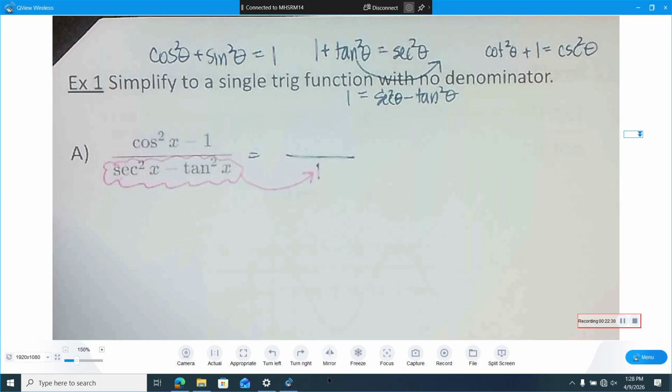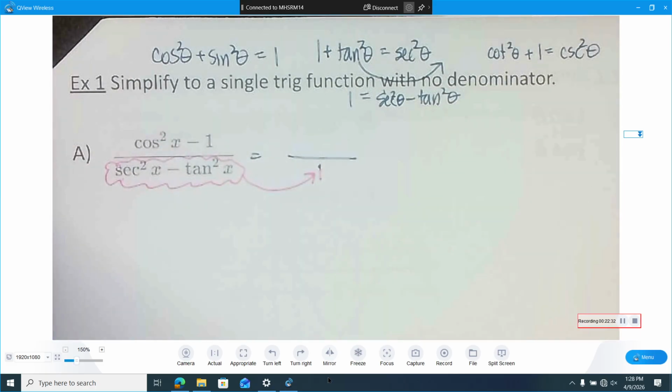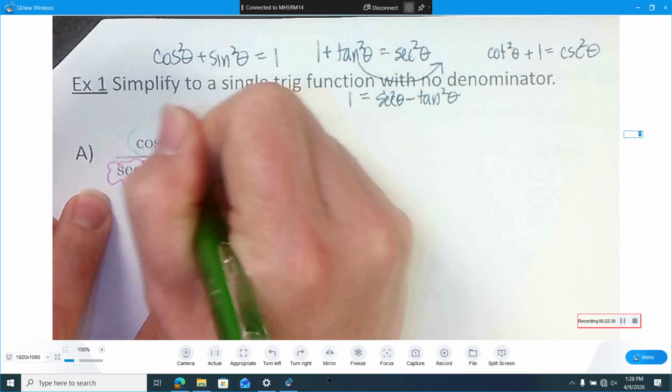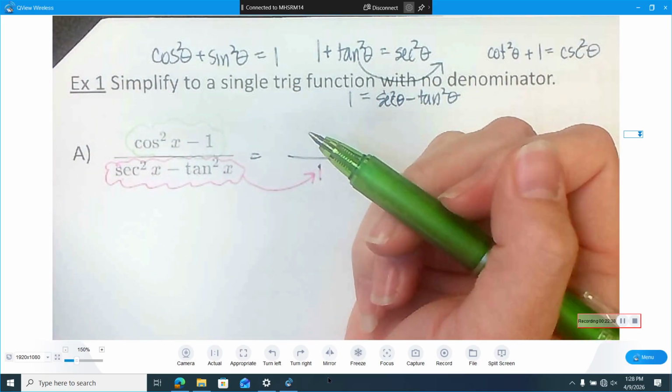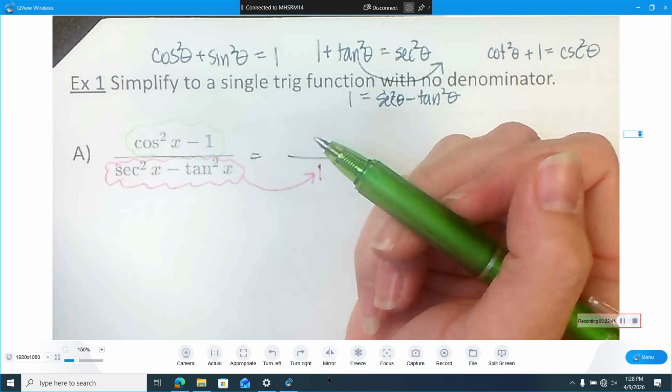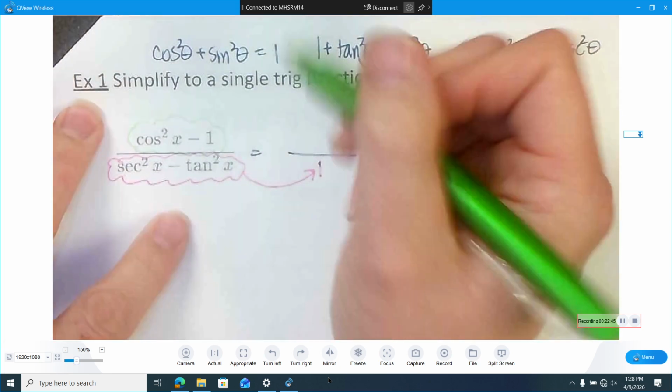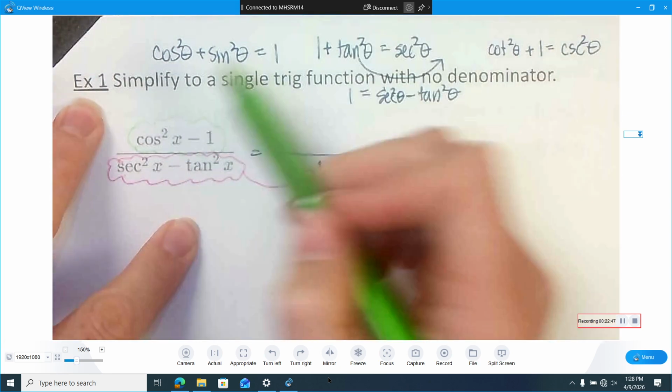Now, what about cosine squared? Cosine squared minus, is it sine squared? Negative sine squared. So tricky, a little bit tricky.